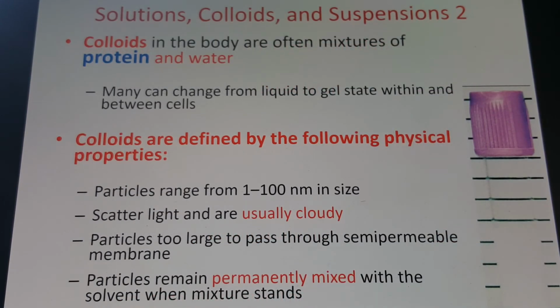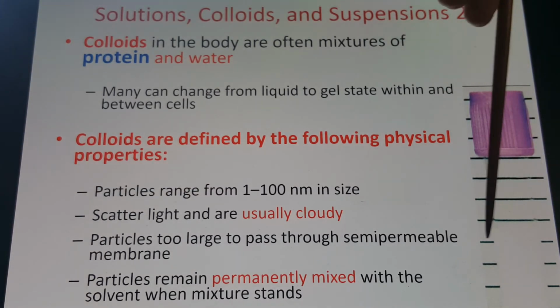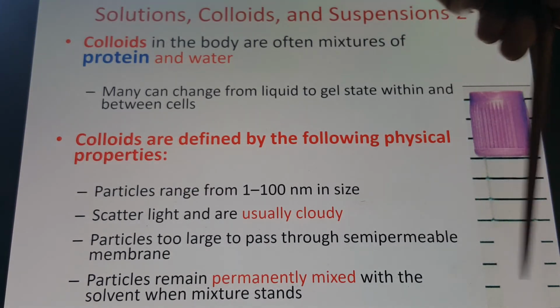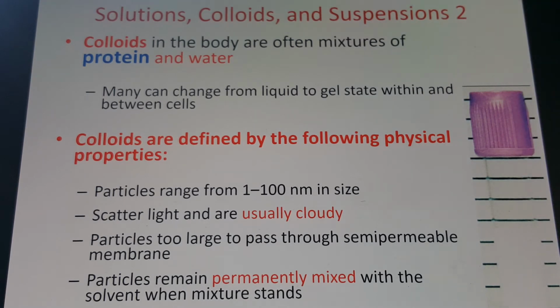The next mixture is a colloid. So this is a mixture of protein in water. So for example, the plasma in our blood has a lot of protein in it. And so a colloid, again, protein in water, because the particle size is a lot larger, it's usually cloudy. So in this case, I can't see the lines behind it just because of how large the particles are.